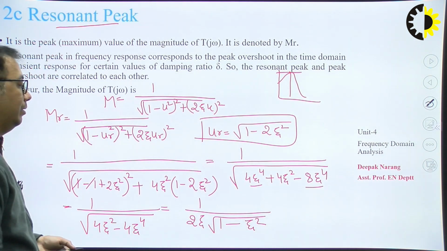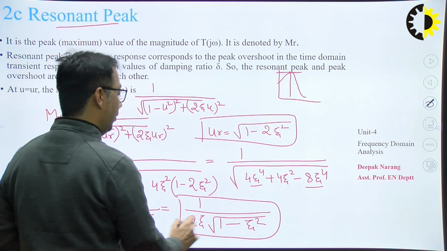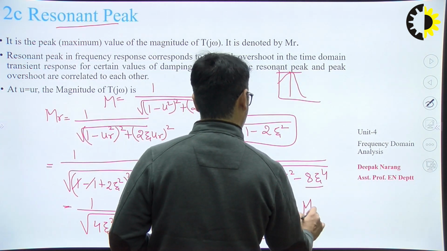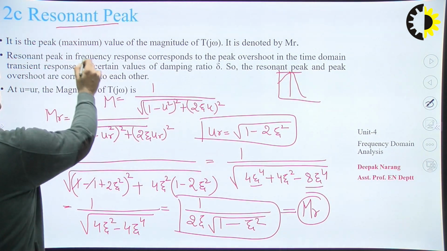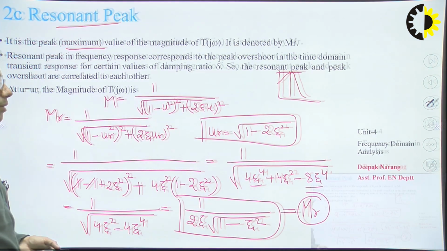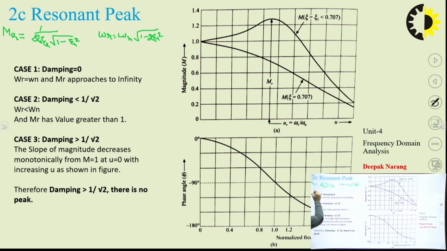Okay, so this is the value of our maximum resonant peak. So we have obtained these values, resonant peak and resonant frequency.